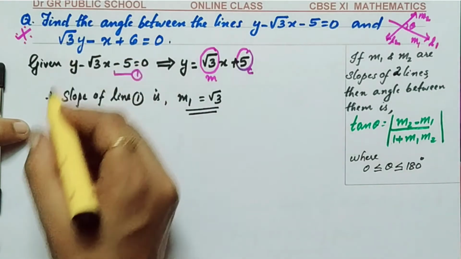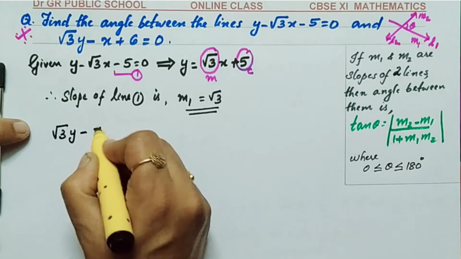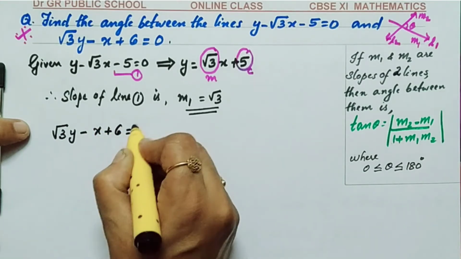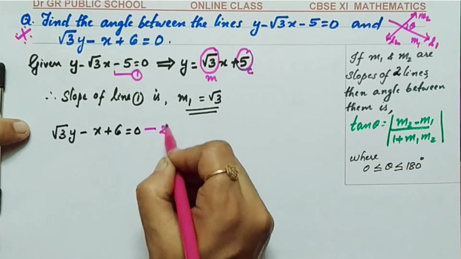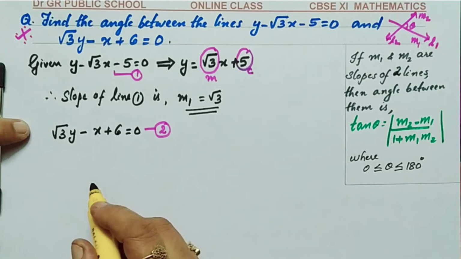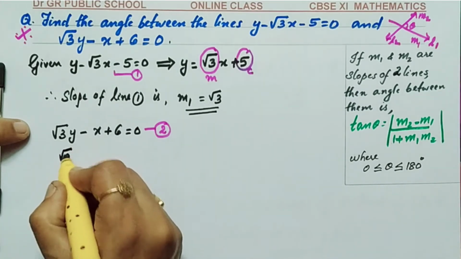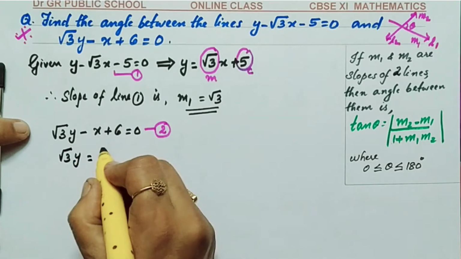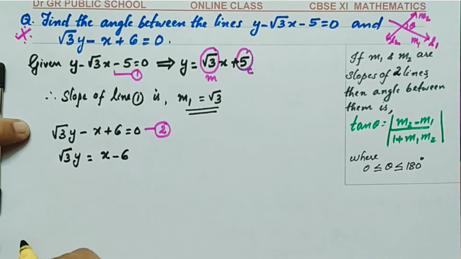Now, I need to take the second equation as root 3y minus x plus 6 equal to 0. You can think of this as the second line. For the second line also, you need to arrange it in the form y equals mx plus c. Arranging this, you get root 3y equals plus x minus 6.